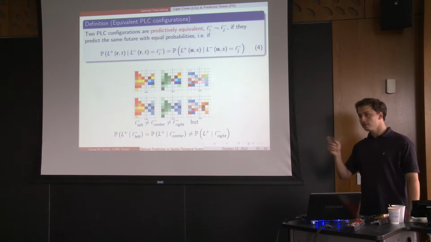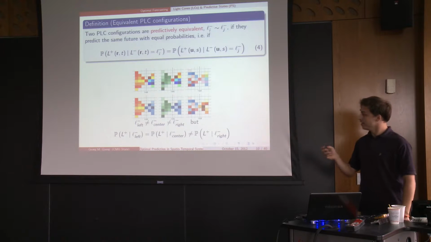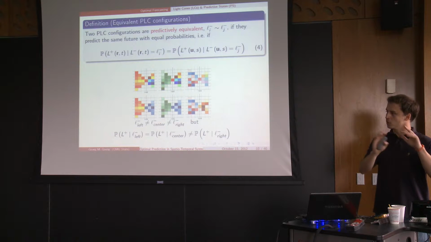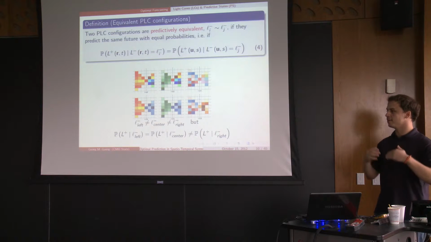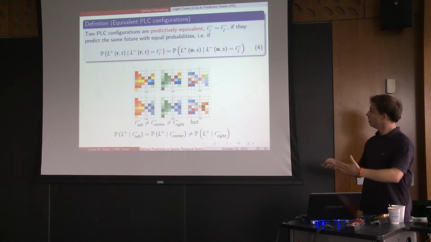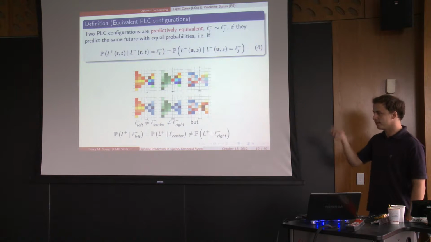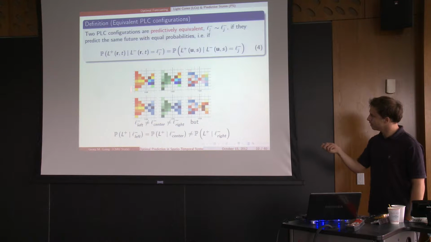It's important, and I try to show you this image, that I'm not saying anything about the actual configuration of the past light cone. Those could be very different. All I care about is if they predict the same future. For example, in this image, the columns are past light cones, the rows are future. So I have three different past light cones: left, center, right.